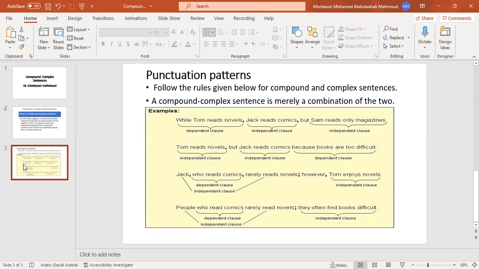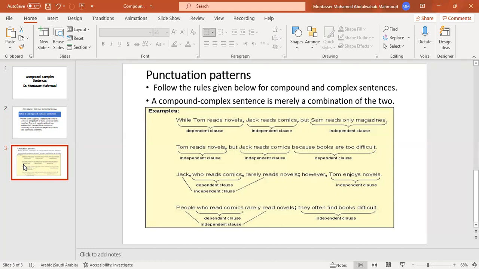The first clause, while Tom reads novels, if I ask you what type of clause is it? Very good, students. It's a dependent clause. Can you tell me why? Very good, because it starts with a subordinating connector, while. The second clause, Jack reads comics. What type of clause is it? It's an independent clause.